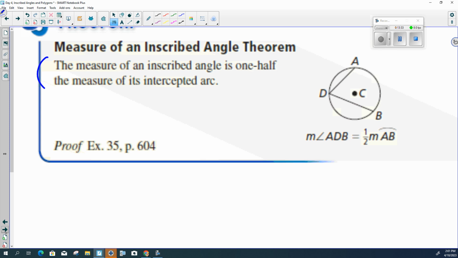So this angle ADB is half the measure of the arc. I love that. And the picture is very helpful.